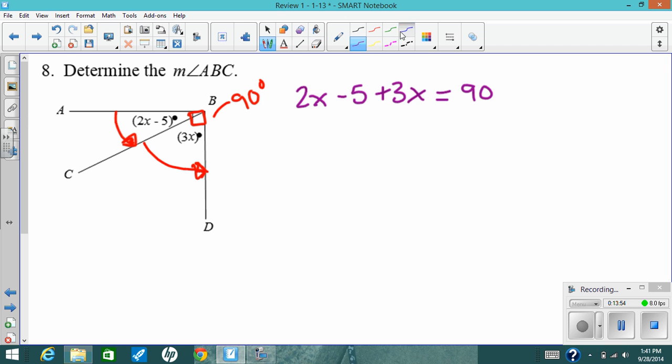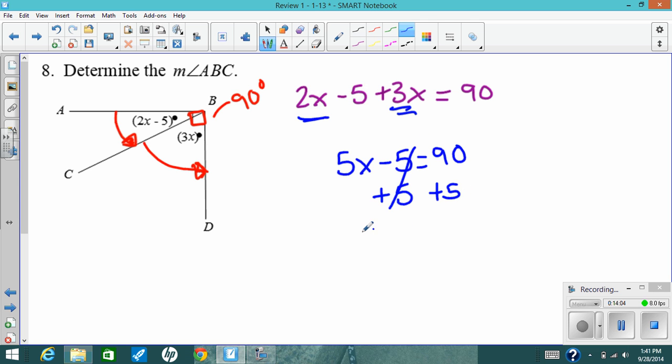Combine the like terms over here. 2x and 3x gives us 5x. And solve. So we get x is 19.